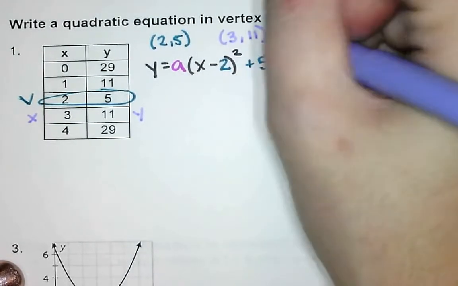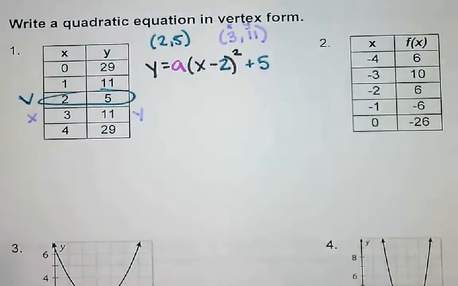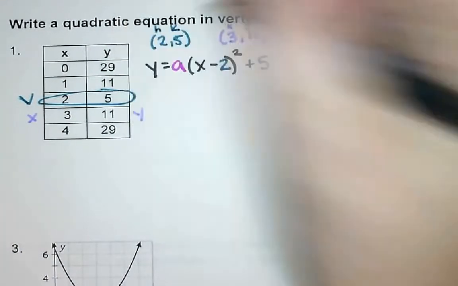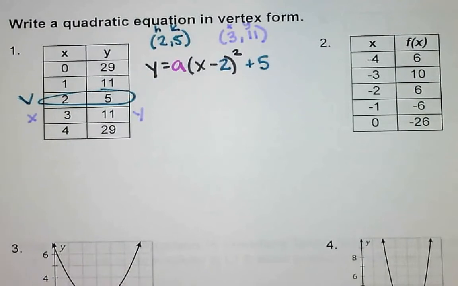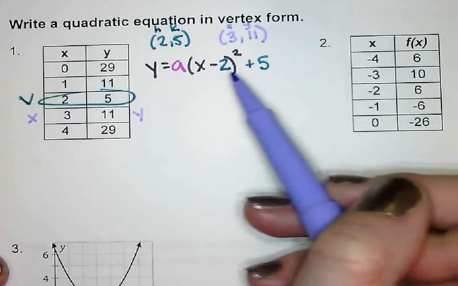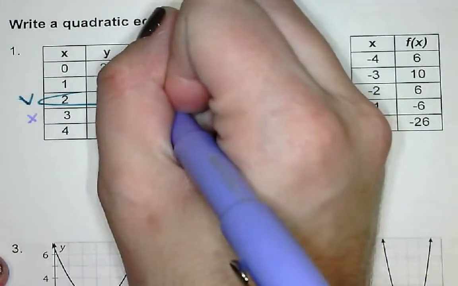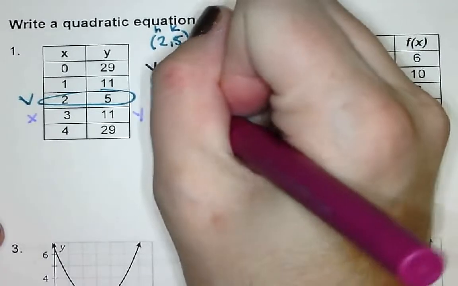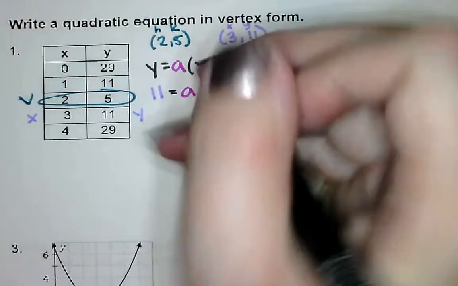So this is my x, y, and this first one was my h, k. Do y'all feel good about that? Okay, so we picked one point right next to it. Now I'm going to take this point and plug it into the shell equation we have made. Instead of y, I'm going to plug in an 11. So 11 equals, we don't know the a value yet. That's what we're trying to find.